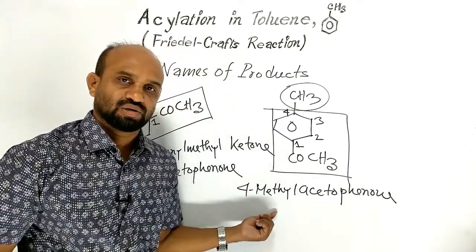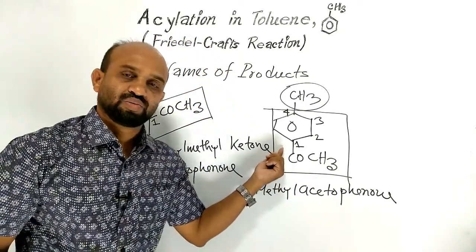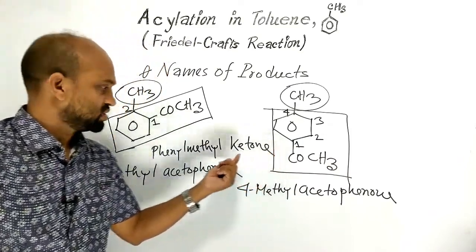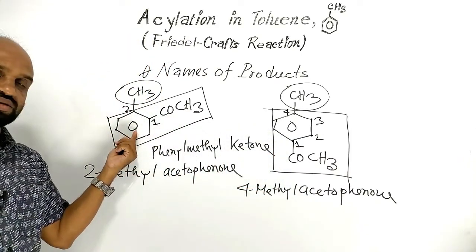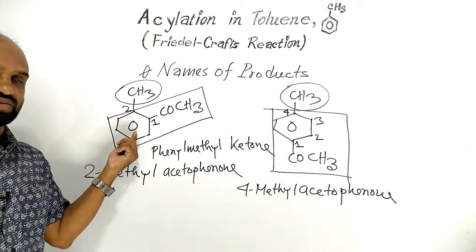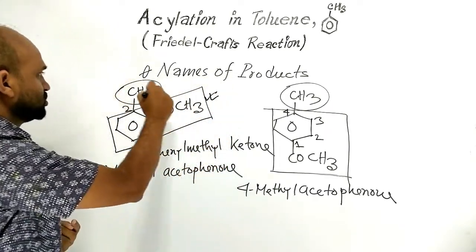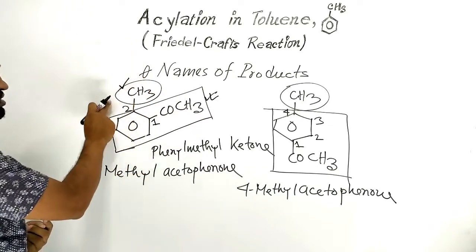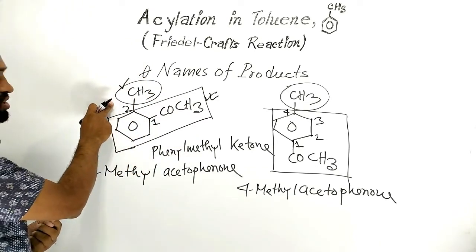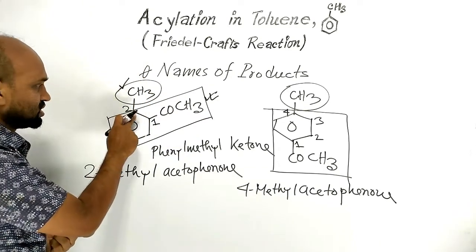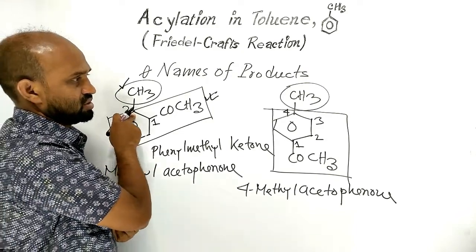Single word. This is 4-methyl acetophenone and this is 2-methyl acetophenone. This is parent compound. Methyl group is considered as substituent, which is at carbon number 2.